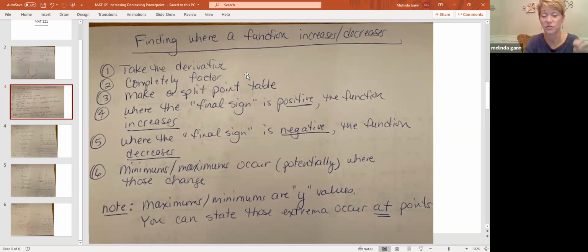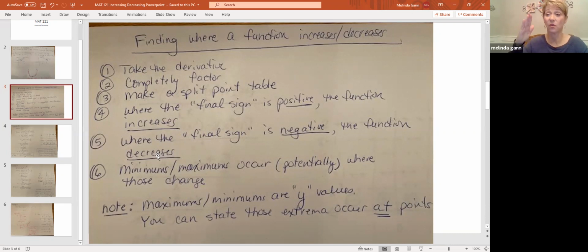Then you go to your second factor and you write it down on that same table. Find its split point on the number line. Pick one number smaller than that split point and one number bigger, write down whether it's positive or negative. When you get them all on the table, you multiply and divide them. Where the final sign is positive, the function increases. Where the final sign is negative, it decreases.